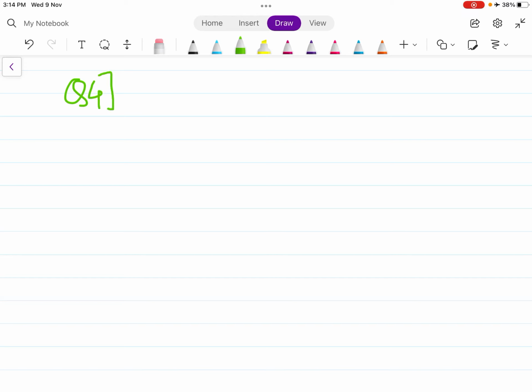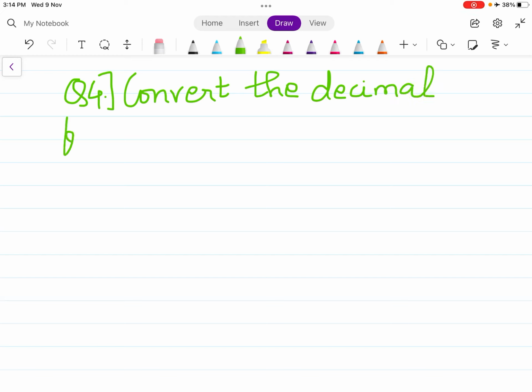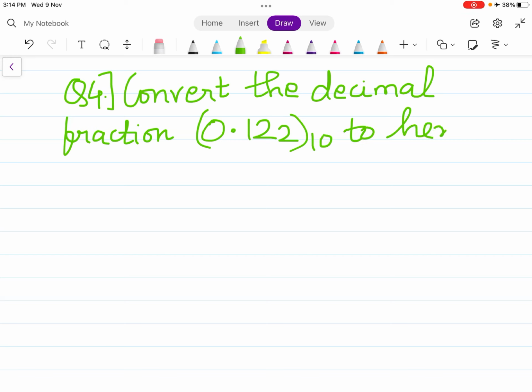Question 4: convert the decimal fraction 0.122 to the base 10 to a hex number.